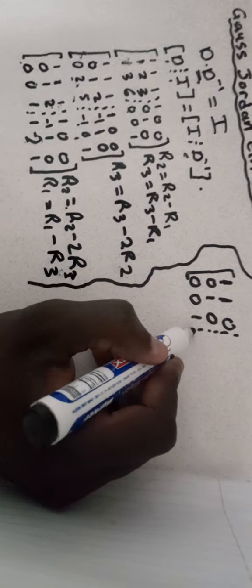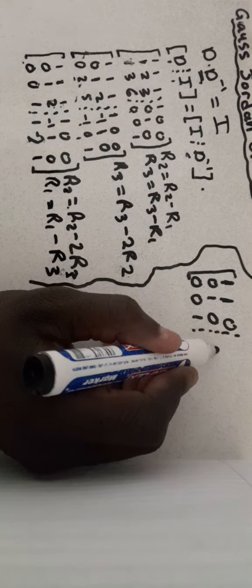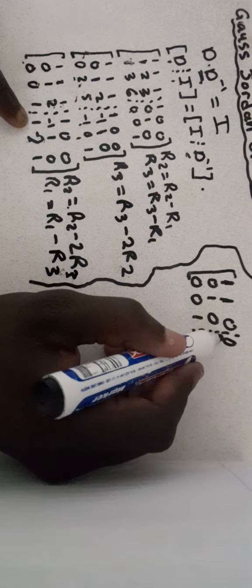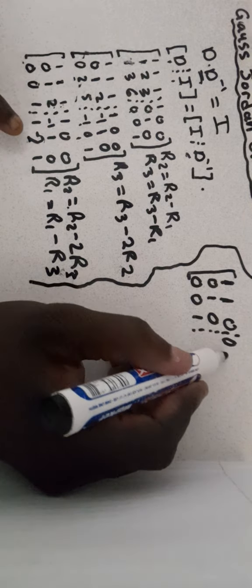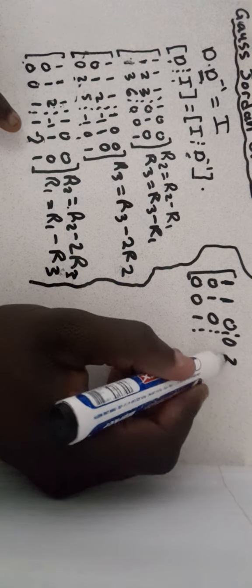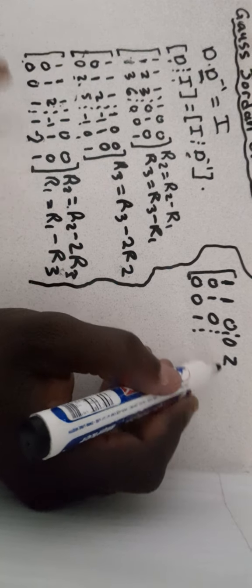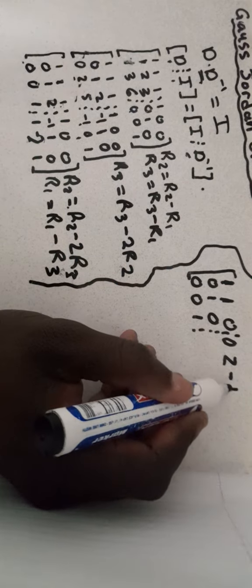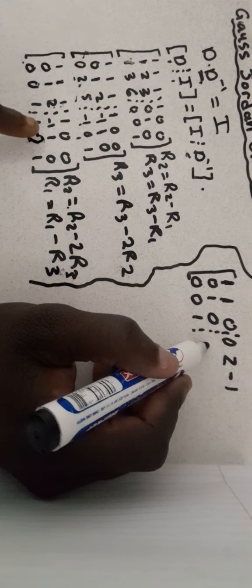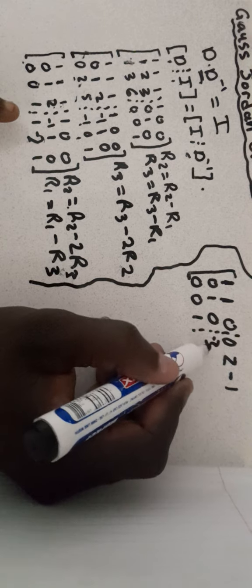This side we have 1 minus 1, which is 0. 0 minus minus 2, which is 2. 0 minus 1, which is minus 1. We have minus 1 minus 2 into 1, which is minus 3.